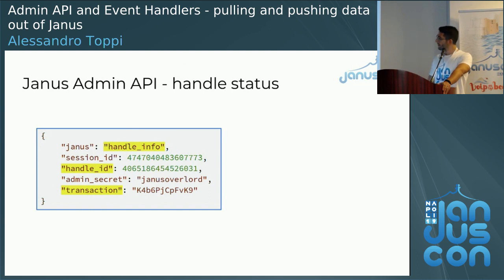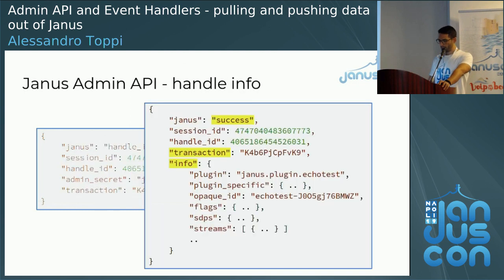You have to pass in this message the identifier for session and handle, and also you have to specify a transaction ID, and this is very useful for those kinds of transports where the request and the response are not obviously correlated. This is not the case for HTTP, but this might be the case, for example, for inter-process communication.